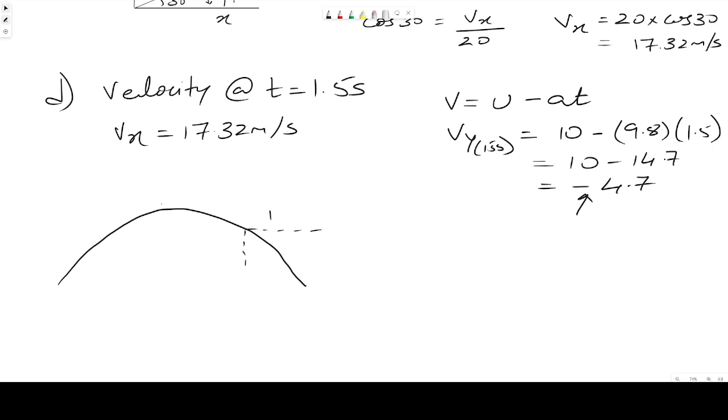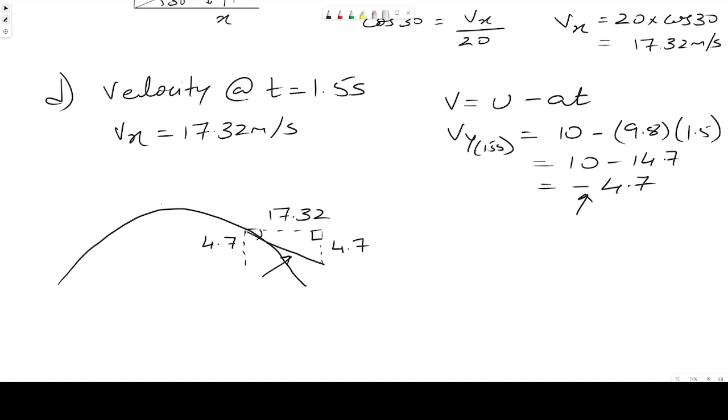My Vx is 17.32, my Vy is negative 4.7. If I move this dotted line to this side, does this make a right angle triangle? This is also 4.7. This is my angle. So I can find the hypotenuse by using Pythagoras theorem, and I can find the angle of depression over here.